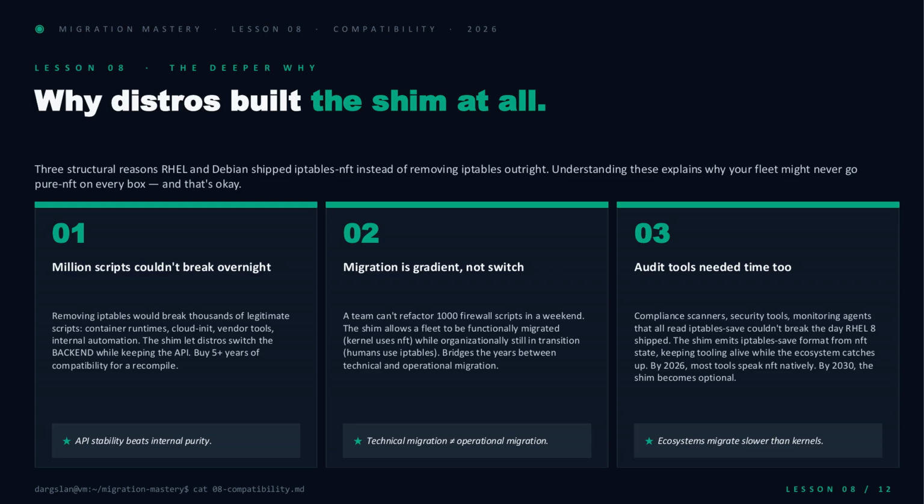The shim lets the kernel run nft while humans and runbooks still speak iptables, bridging the gap between technical and operational change. And 3. The audit ecosystem needed time. Compliance scanners and monitoring agents that parse iptables-save couldn't break on day one, so the shim emits that format from nft state. The lesson underneath all three: API stability beats internal purity, and ecosystems always migrate slower than kernels.